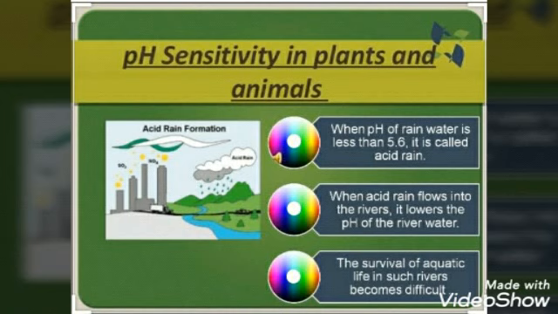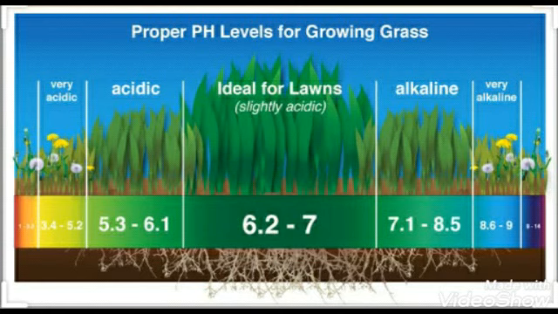Did you know that when acid rain falls into the river, the overall pH of water reduces and living organisms in the river cannot survive if the change in pH is too much? In such cases, survival of aquatic organisms becomes difficult.